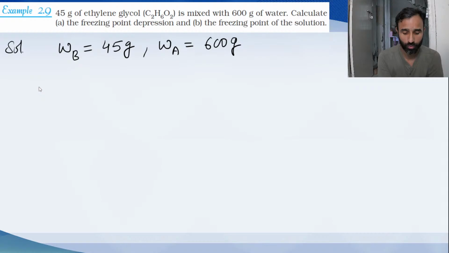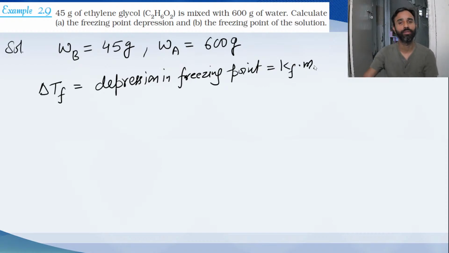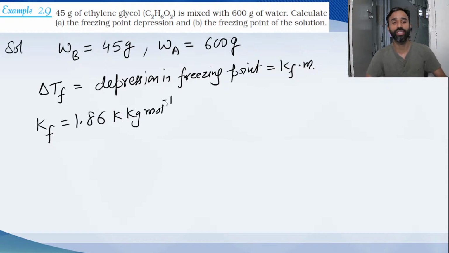And to calculate delta TF, sorry, that is depression in freezing point, it is equal to Kf into m. See, Kf is not given, but in question it should be given. Okay, because water is there, so sometime it is not written, but it is 1.86 Kelvin kg per mole.